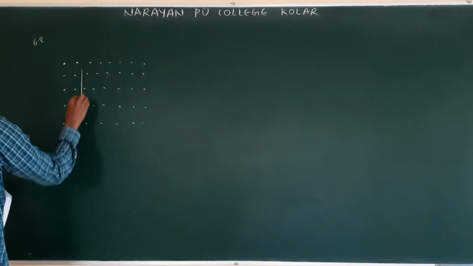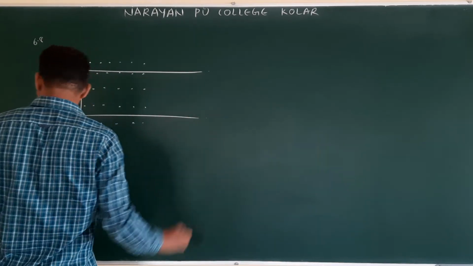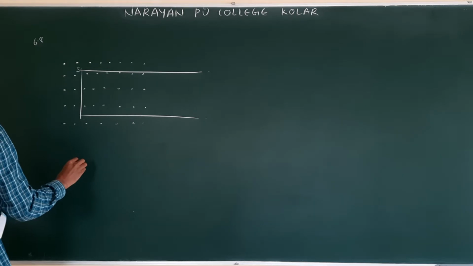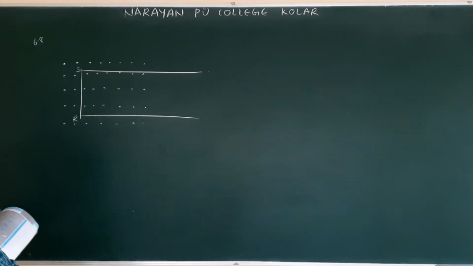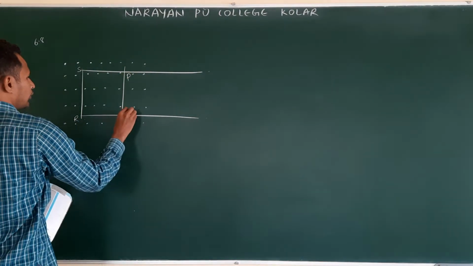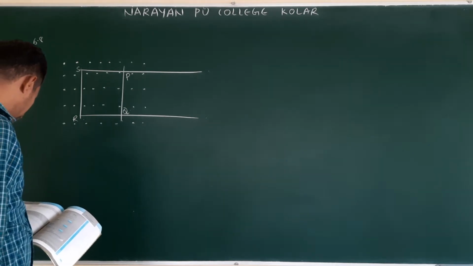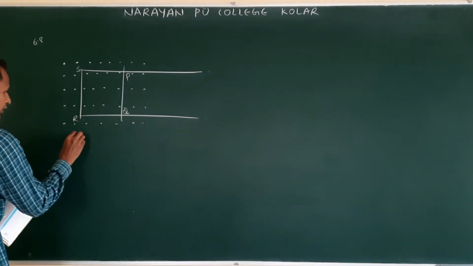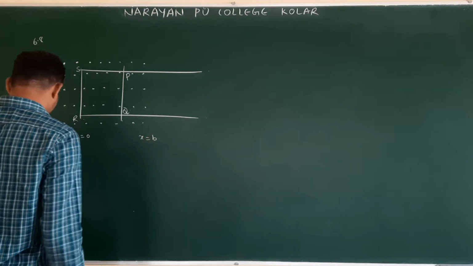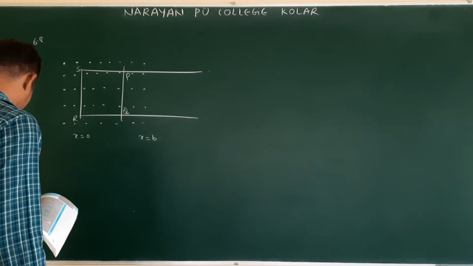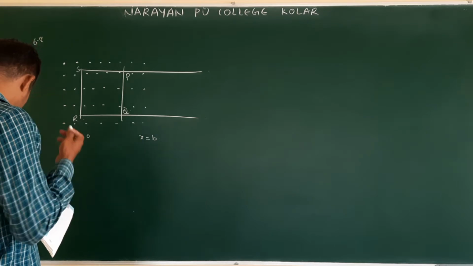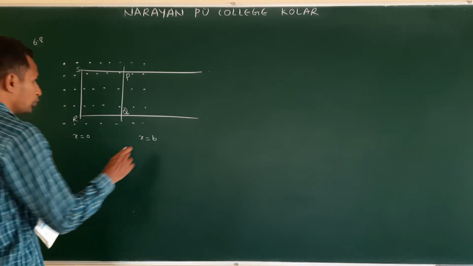In this rectangular frame, placed like this, this is S, this is R, this is the rod PQ. Here x is equal to 0, here x is equal to b, and next x is equal to 2b here.